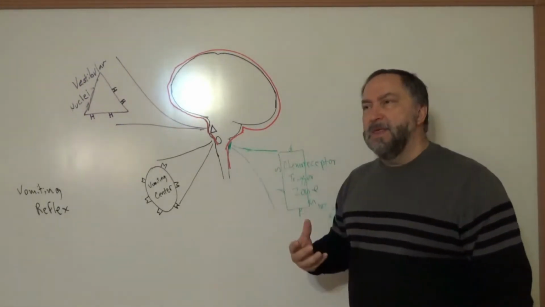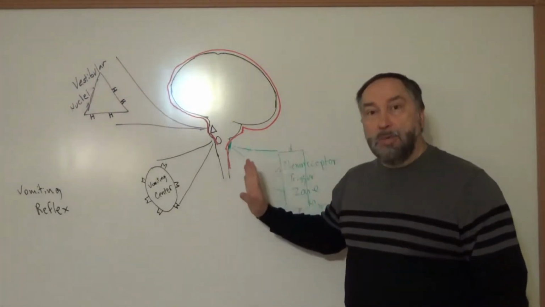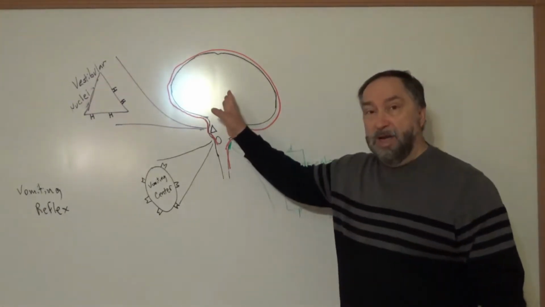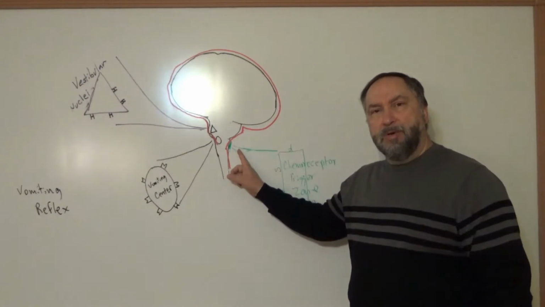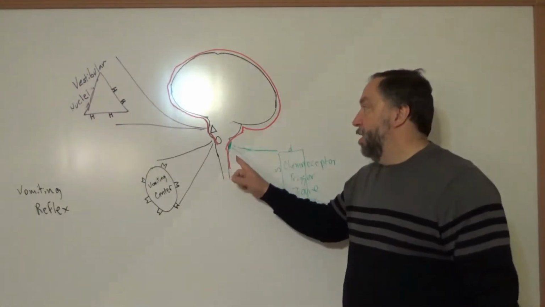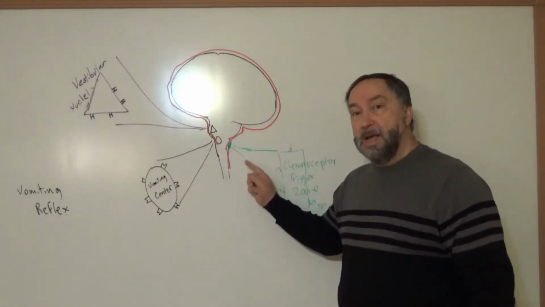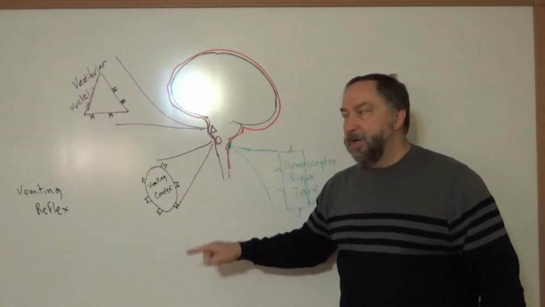That way anything out in the blood, toxins that are hopefully being blocked from getting into the brain, the chemoreceptor trigger zone is sitting outside there, so it can detect them. So it detects toxins in the blood and then sends an impulse to the vomiting center.